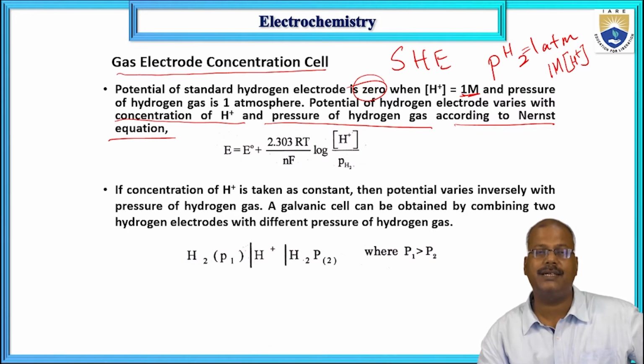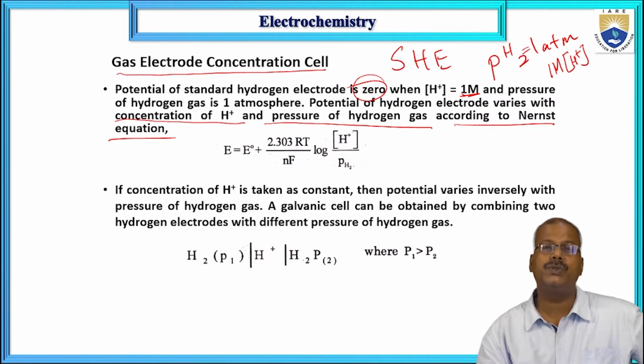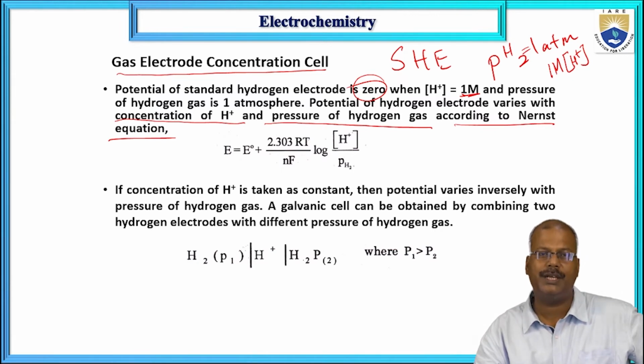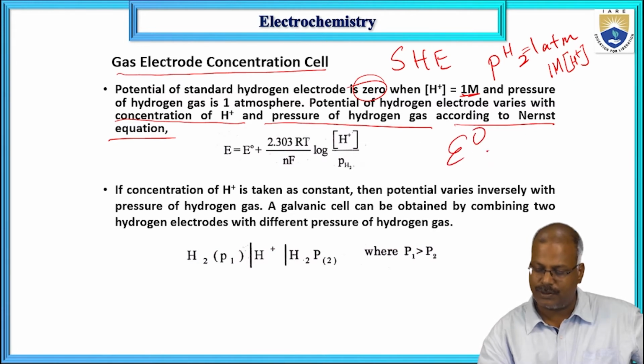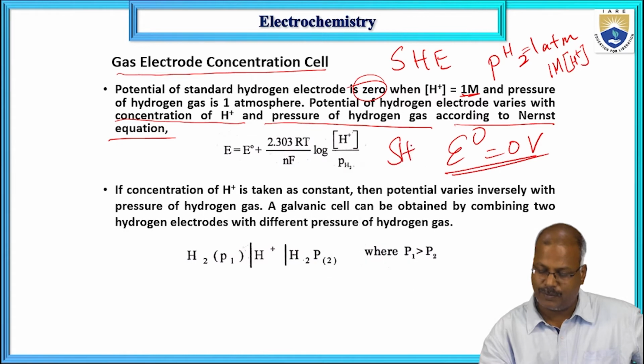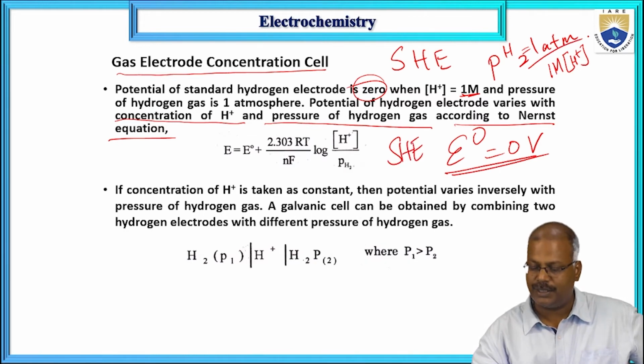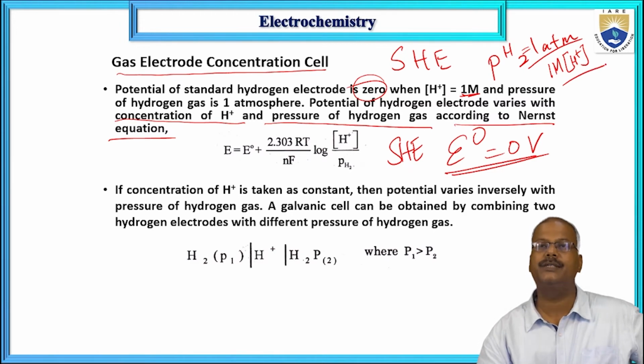Under standard conditions, with 1 atmosphere pressure of hydrogen and 1 molar H plus solution, E naught is considered as 0 volts for SHE.